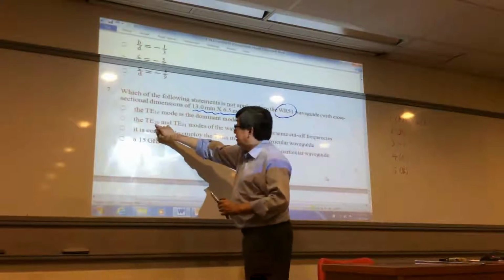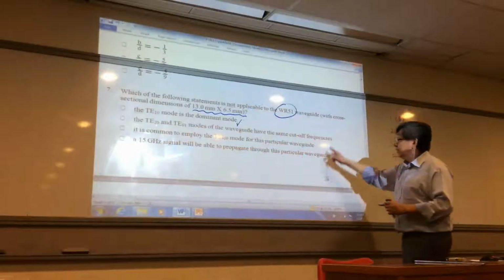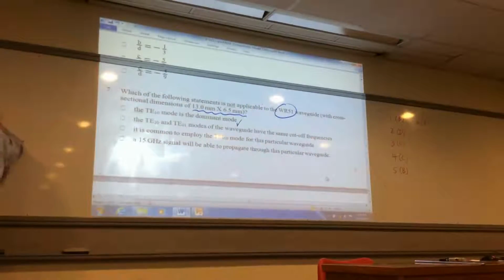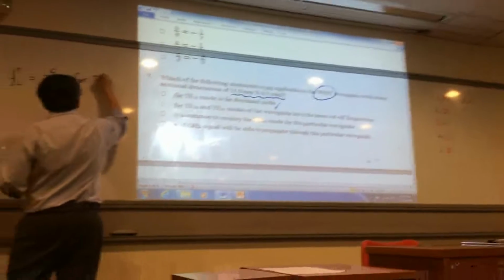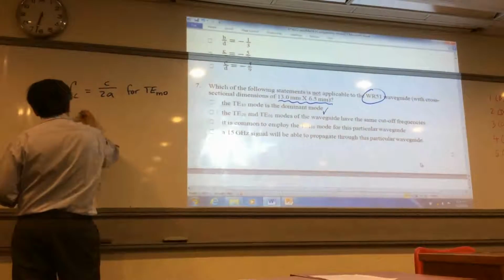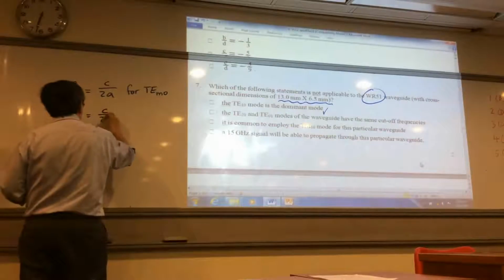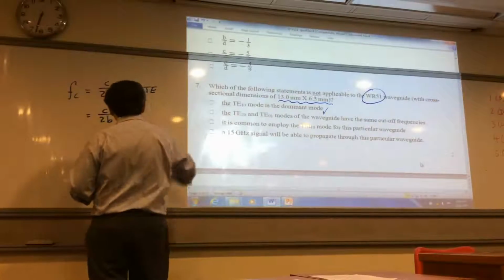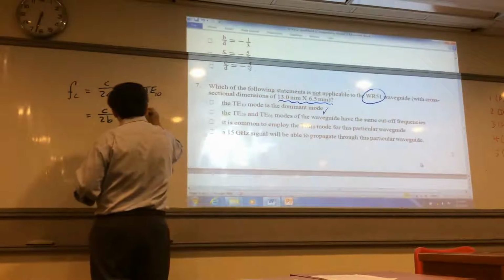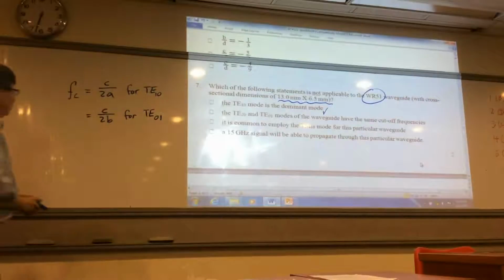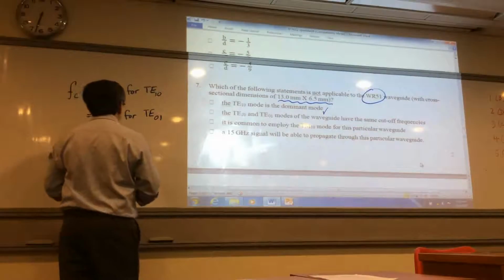Then this one here, the TE20 and TE10 have the same cutoff frequencies. So the cutoff frequency is given by c over 2a for TE10.